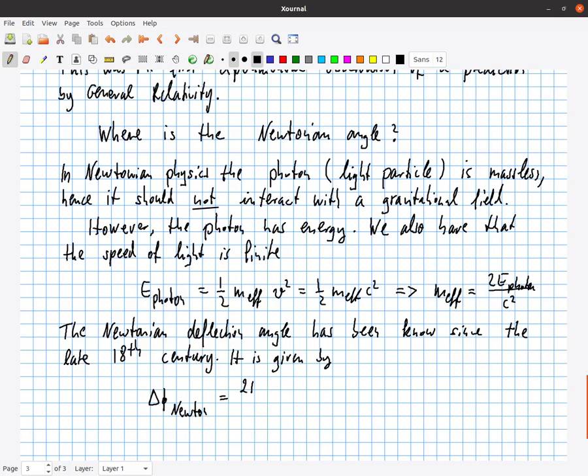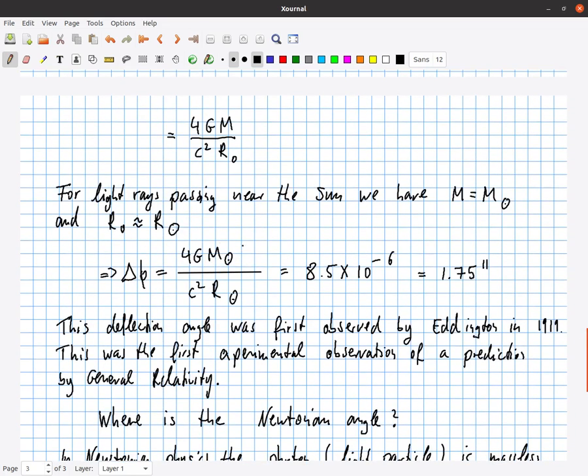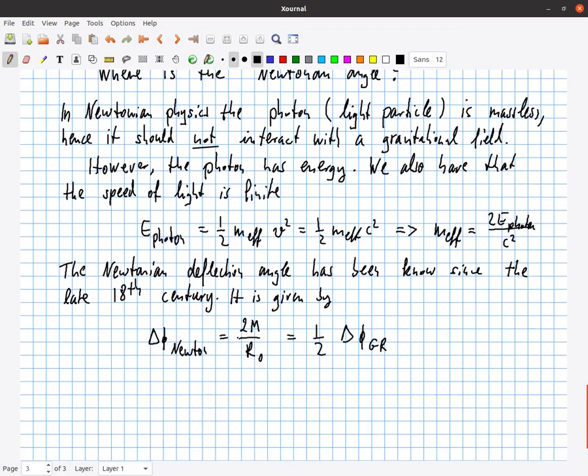It is 2m over r0, which is exactly half of the angle that we found, namely here. There's a factor of 4. The Newtonian calculation gives you a factor of 2, which means those angles differ exactly by a factor of 2. And all experimental evidence points very strongly towards the general relativistic result.